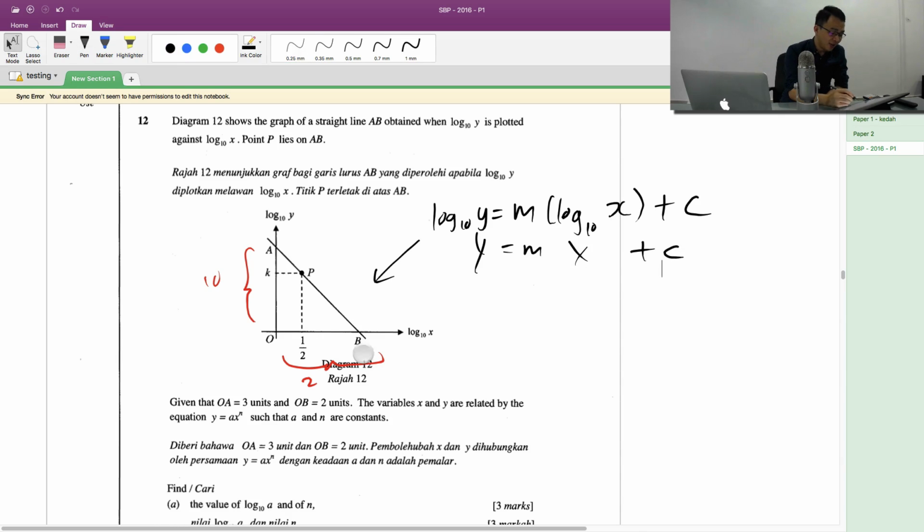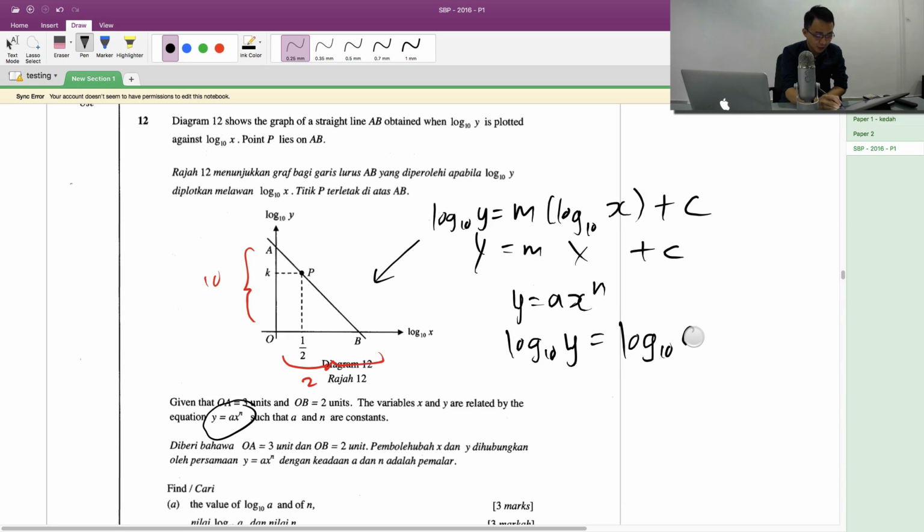Right, and obviously the question actually gives us one equation, which is this one, y equals to ax to the power of n. So since I want log 10 for both sides, I'll add the log 10 for both sides by myself. This is multiply, maybe I can actually separate them, plus log 10 x to the power of n.